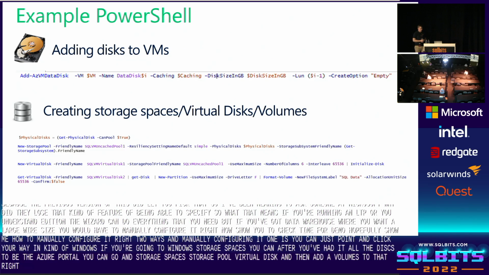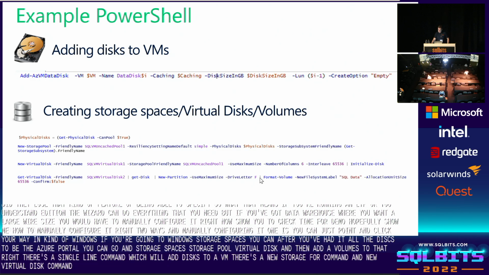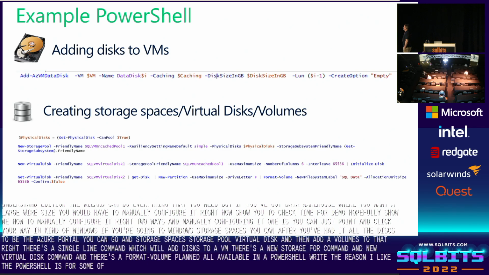I prefer to do it in PowerShell. There's a single line command which will add disks to a VM. There's a New-StoragePool command, a New-VirtualDisk command, and a Format-Volume command, all available in PowerShell.